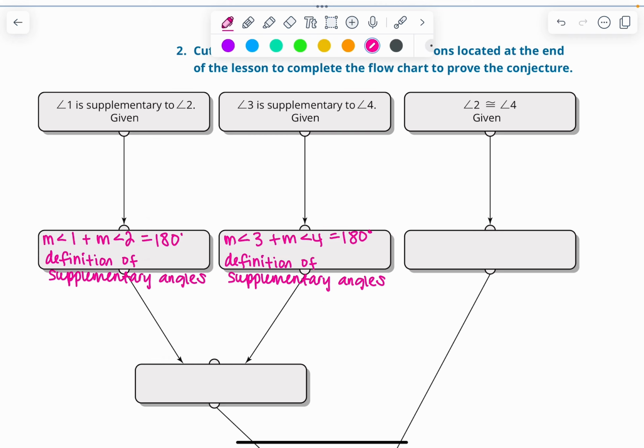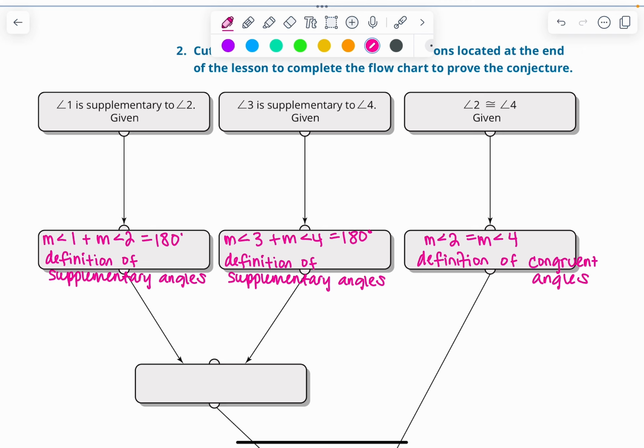And then lastly, if we know that angles 2 and 4 are congruent, then we know that the measure of angle 2 equals the measure of angle 4. That's based on the definition of congruent angles.